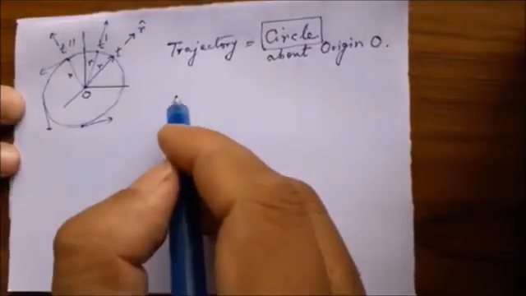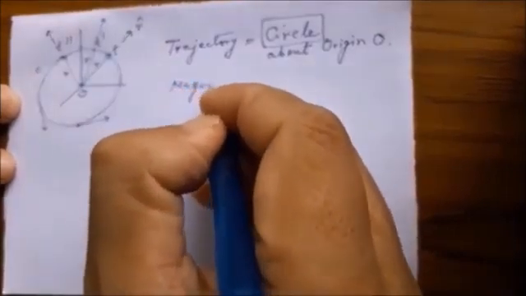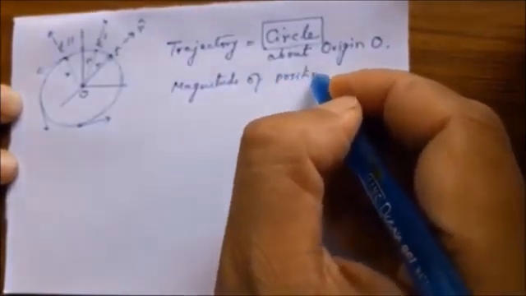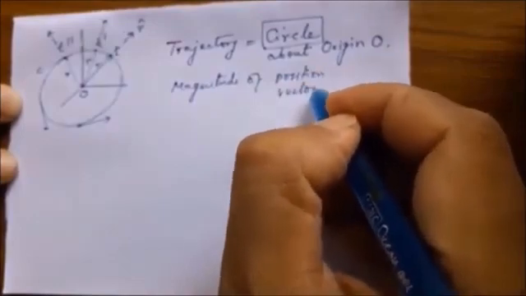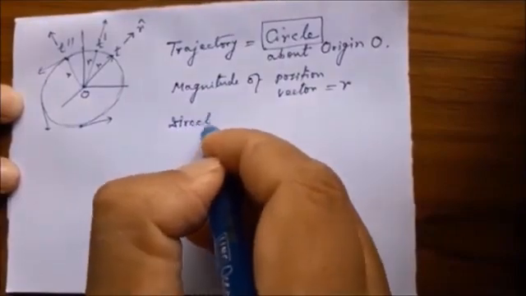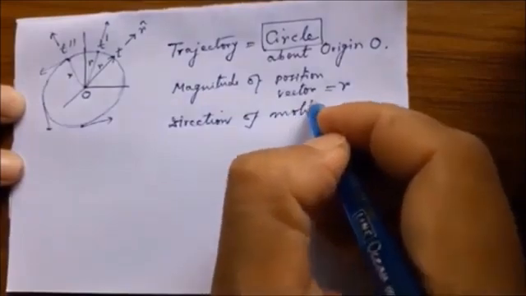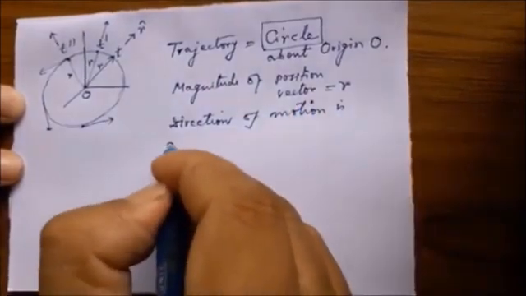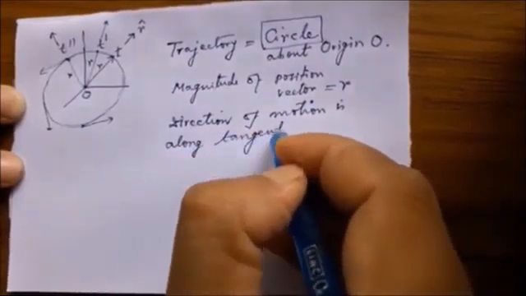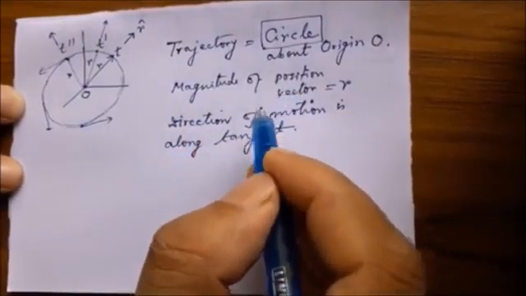So let us complete the problem by writing that the magnitude of position vector is r, direction of motion is along the tangent, and the direction of the position vector always changes.